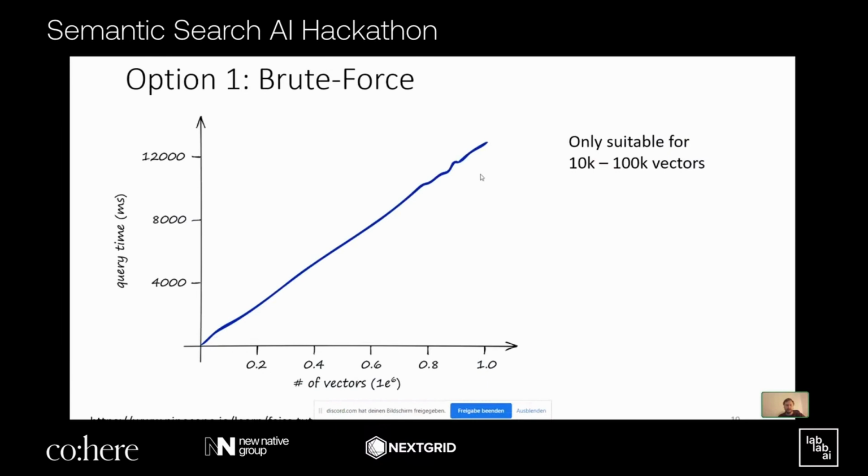So if you have like 1,000,000 vectors, it takes quite some time to find the closest points. But if you have like 10,000 to 100,000, maybe sometimes 1,000,000 vectors, it's still doable to use brute force. So as long as you don't scale to crazy large quantities of vectors, brute force is still the way to go.